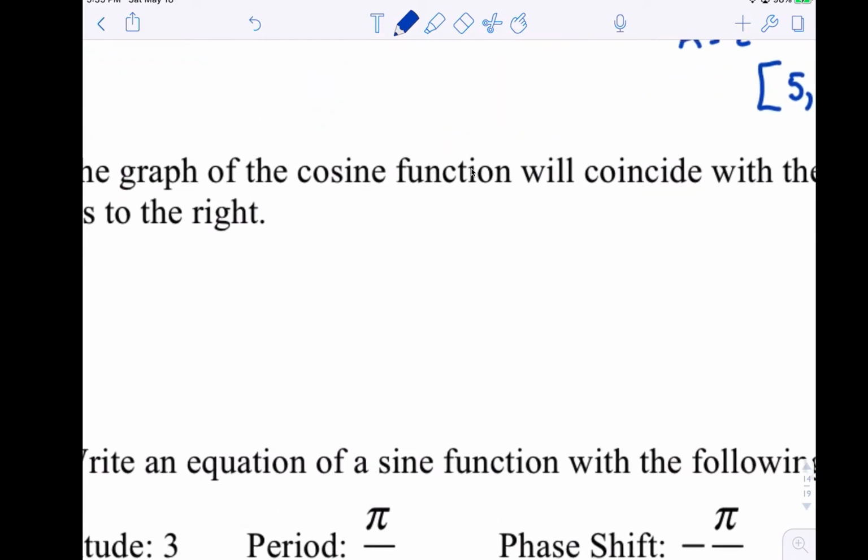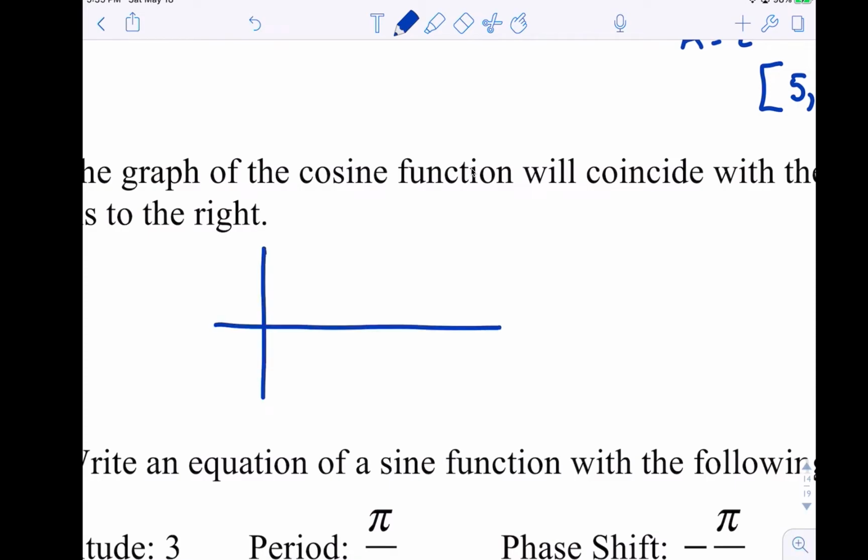All right, so the graph of cosine looks like that, and then the graph of sine looks like that.